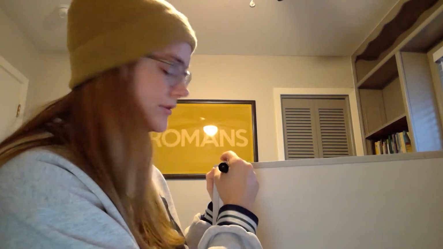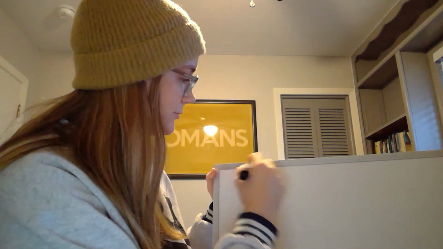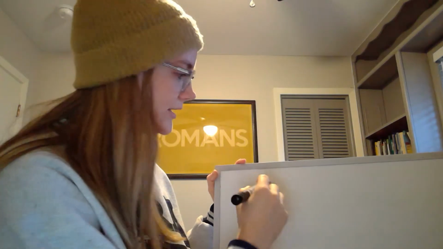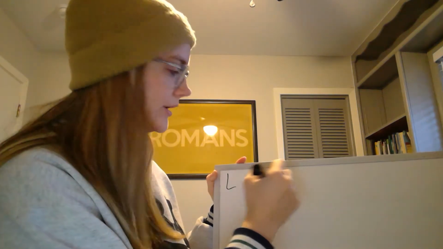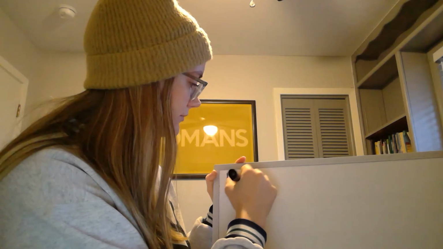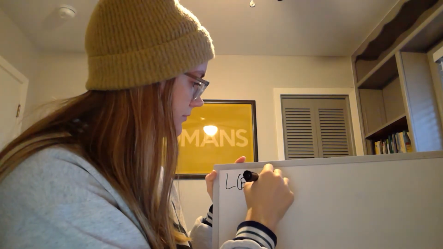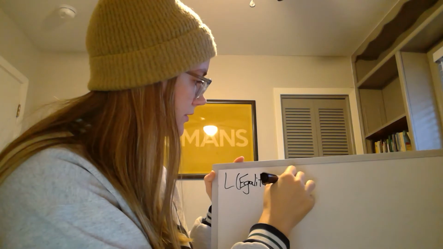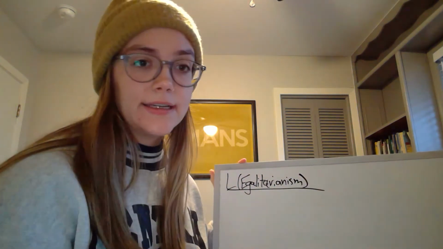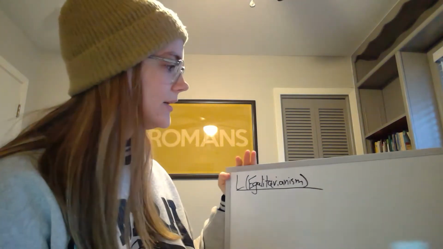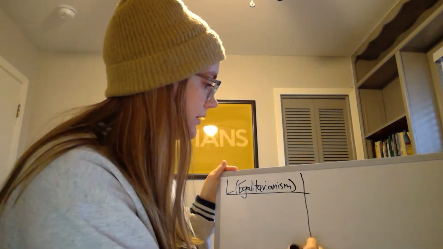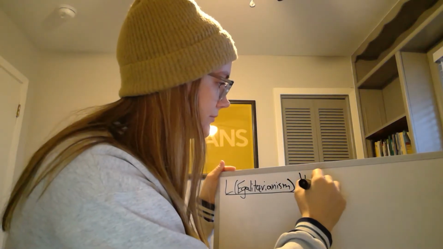So you have four main positions. First separated into the left and the right, two under each. First you have big L liberalism or egalitarianism. That is the liberal side of politics today. Then you have left libertarianism.